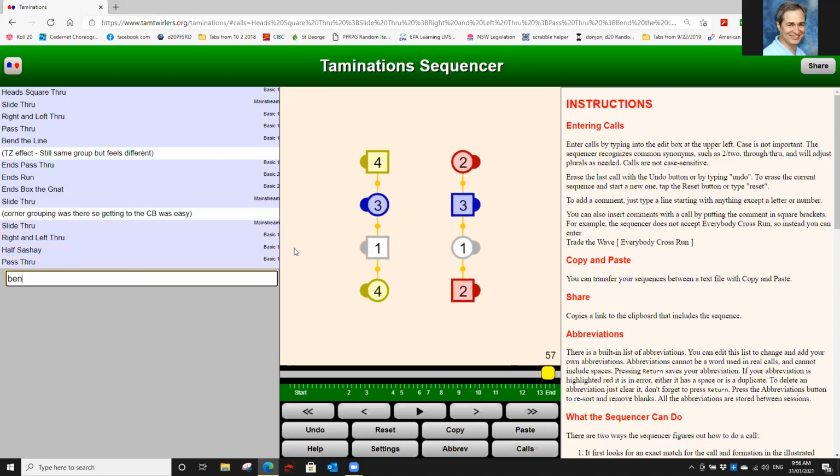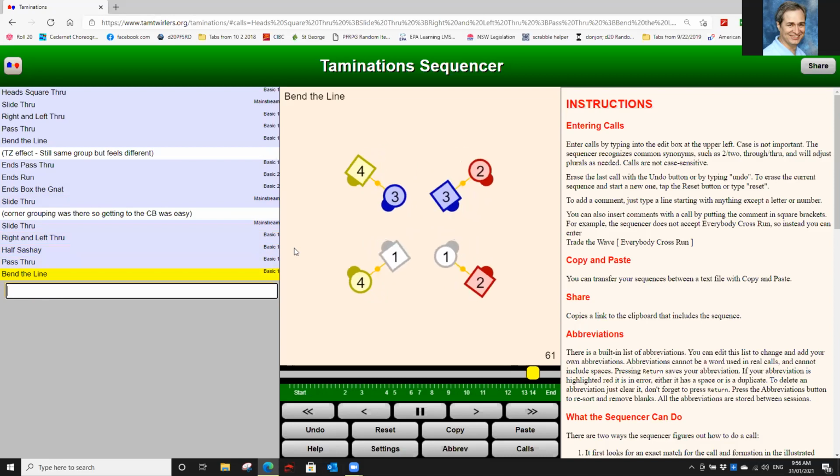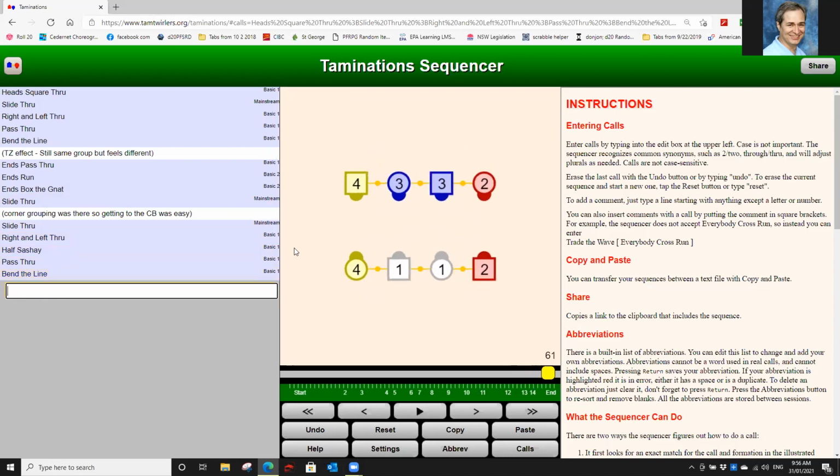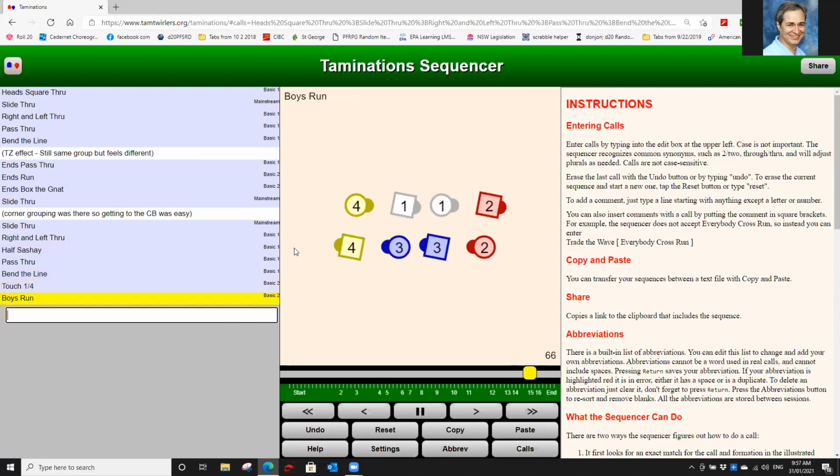Now notice we went from the heads being paired to the sides being paired in this new group. Touch a quarter and the boys run. Allemande left and you're home.